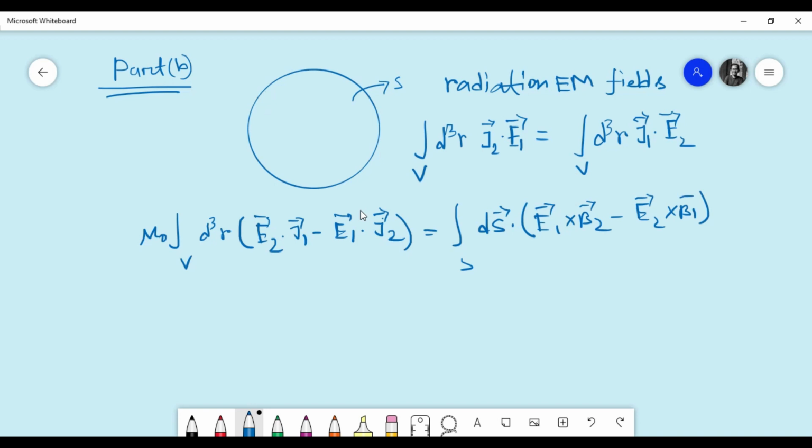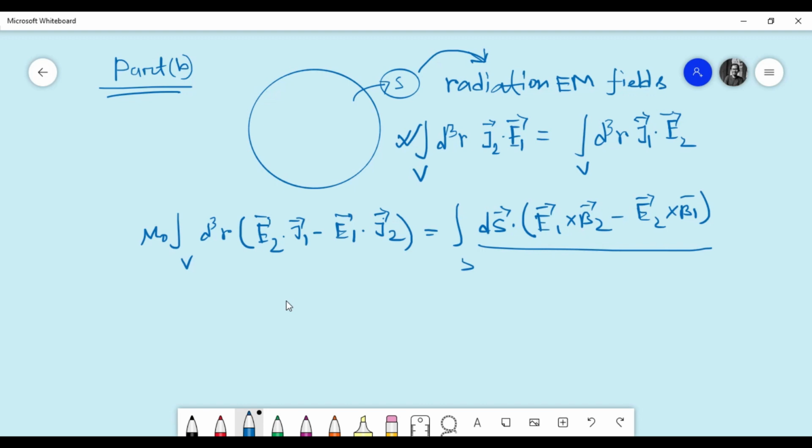So as we have certain assumption in the statement that at the boundary surface the fields are radiation electromagnetic fields, let's see if we can simplify this surface integral to something useful that can be used to prove this relation.